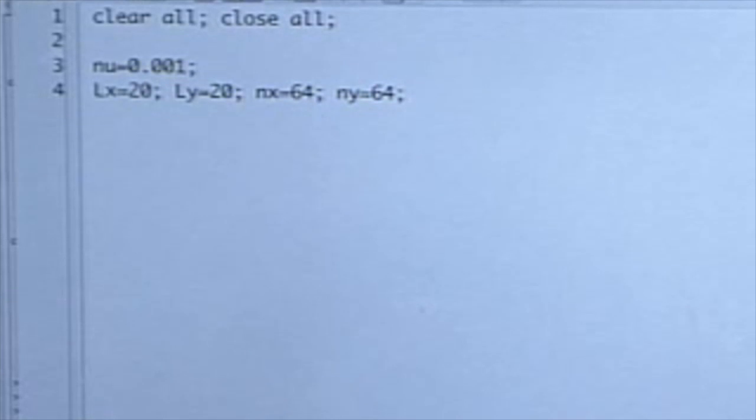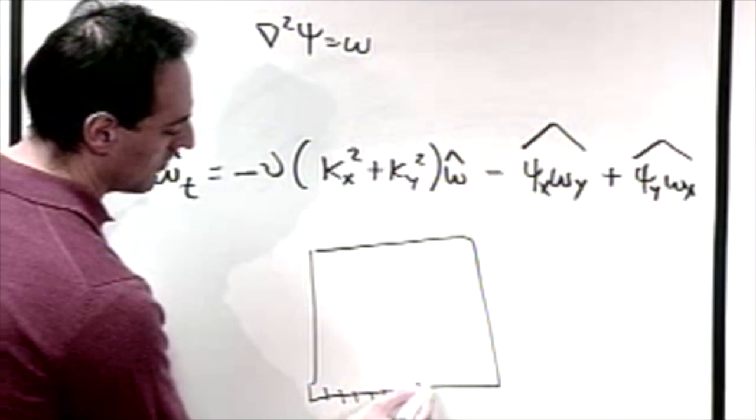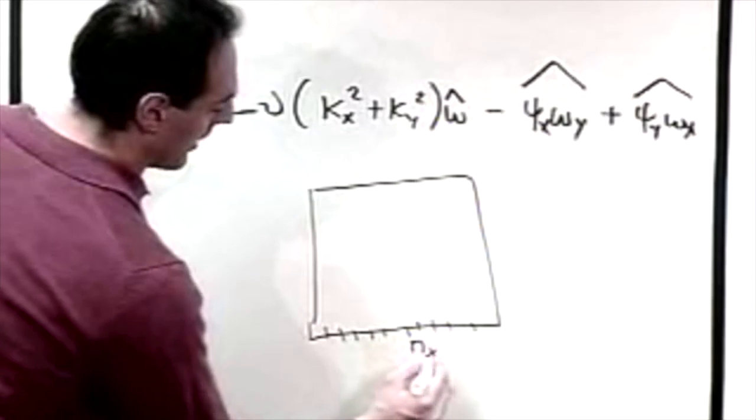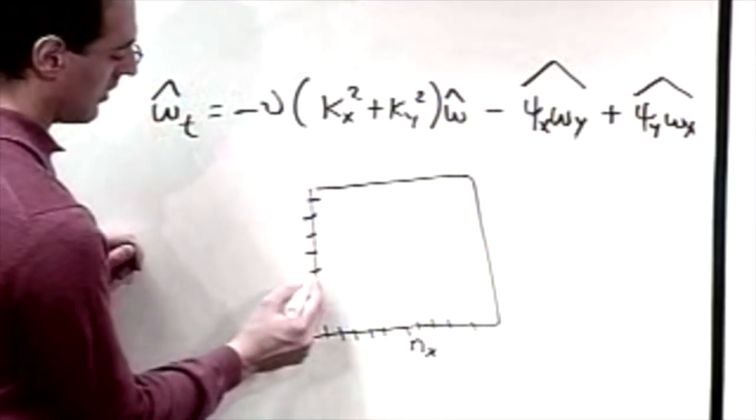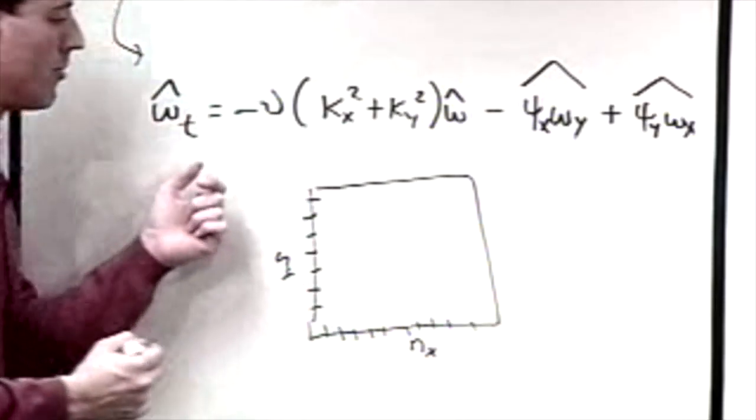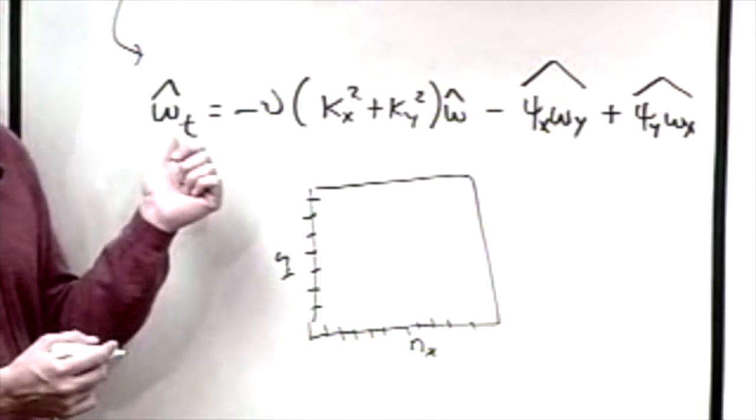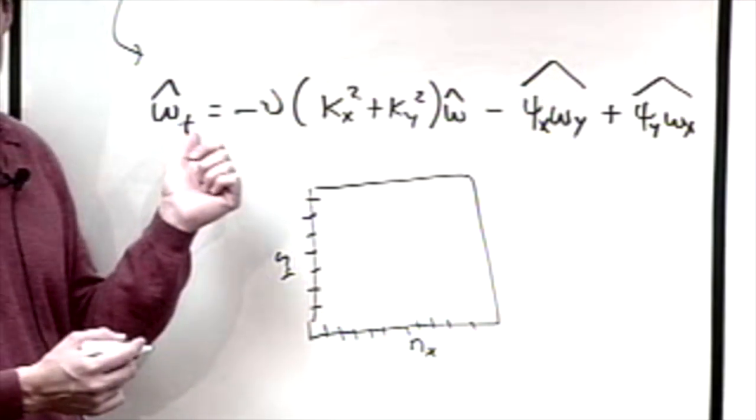When we break this problem up, remember what we're doing: we're setting up a domain that's broken up into points this way. These are my n of x points this way, and these are n of y. Remember that when we send this into ODE45, we have to send in a big vector.